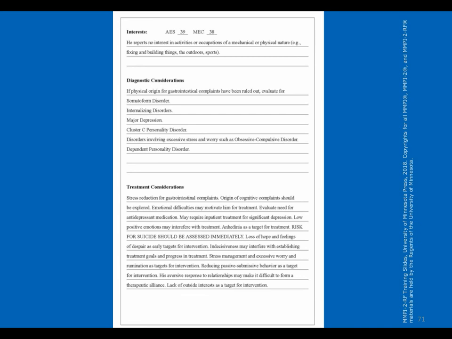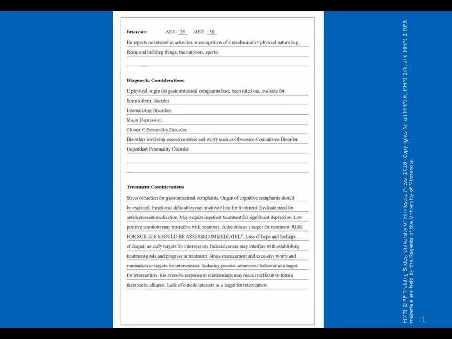So again, these diagnostic considerations were implicated by elevations on scales from any substantive domain of the MMPI-2-RF. Then finally, we have treatment considerations.